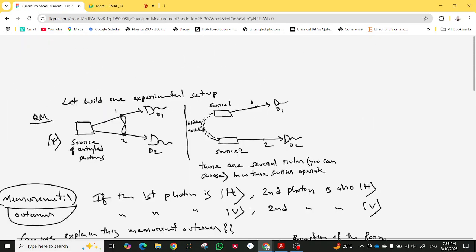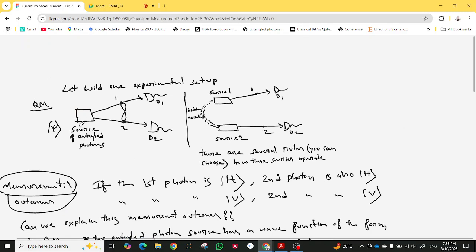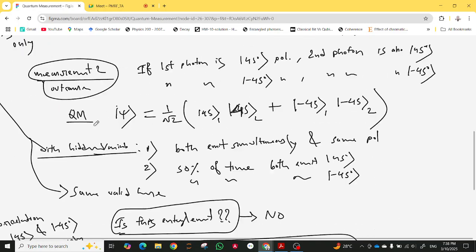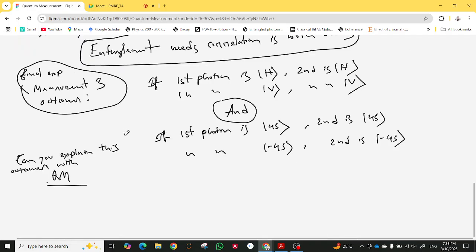Quantum mechanically you have this source of entangled photons. So what will be the psi? Does there exist any psi? If you cannot write any psi, then quantum mechanics is not valid, right? But if you can write a psi, then quantum mechanics is correct.